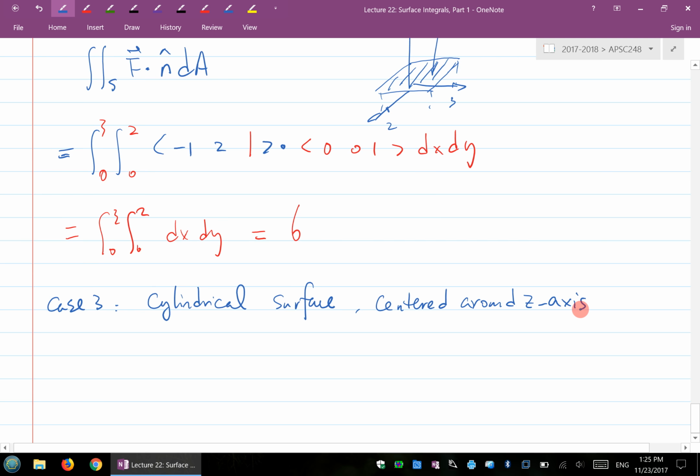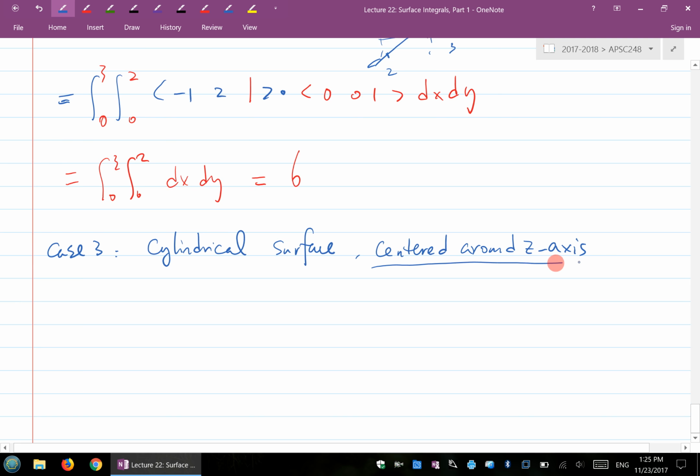That's an interesting class. Centered around the z-axis, with radius of a.